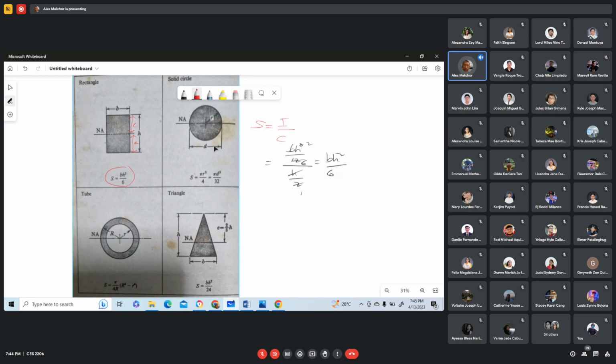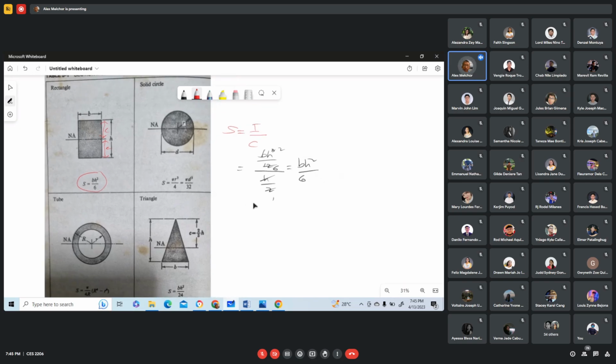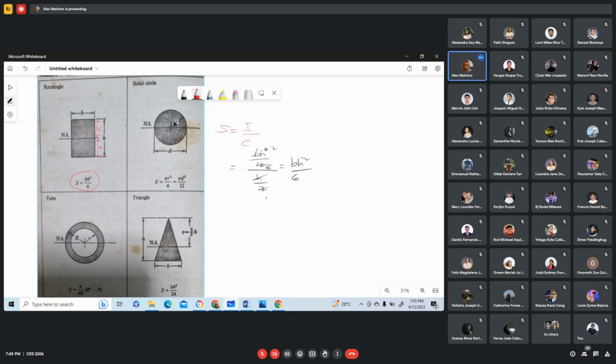Okay. Now you can try to derive the section modulus for the other geometric shape, the solid circle, whose radius is denoted by small letter r and whose diameter is denoted by small letter d.